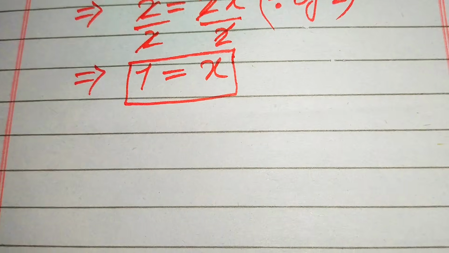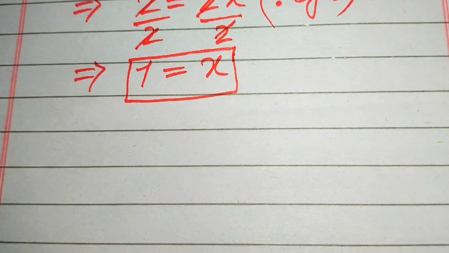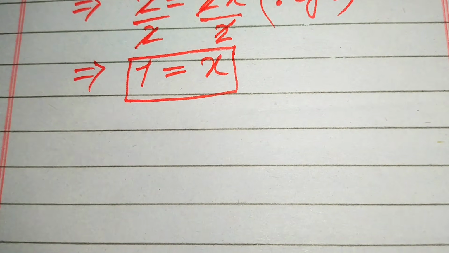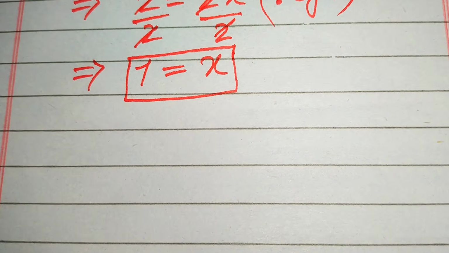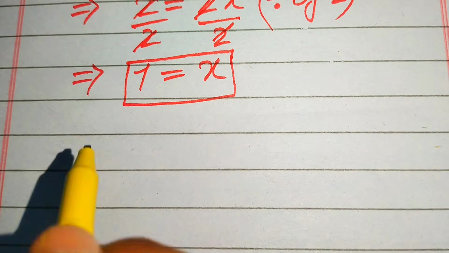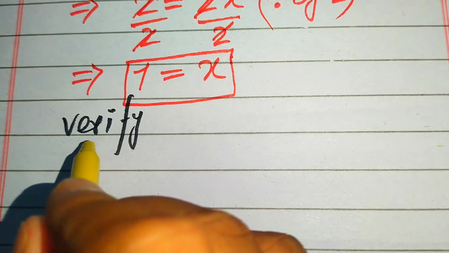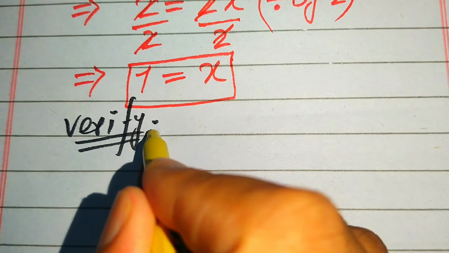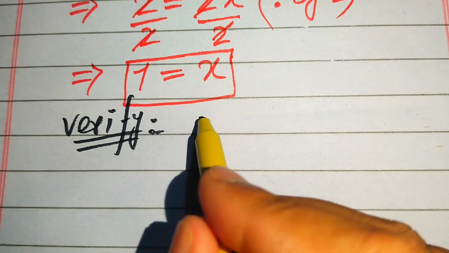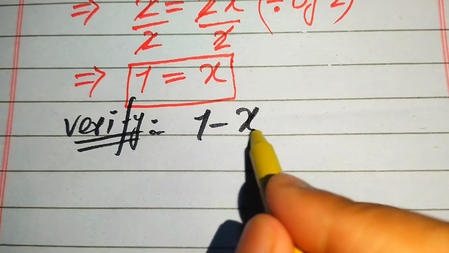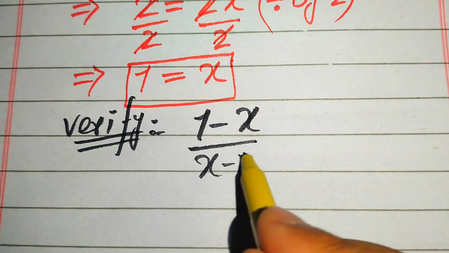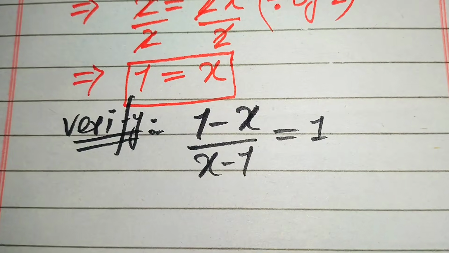And now in the next step, we need to verify whether this value of x is a solution or an extraneous root. So for verification of this value of x, we copy down the given question statement. Here it is (1 minus x) divided by (x minus 1) is equal to 1.